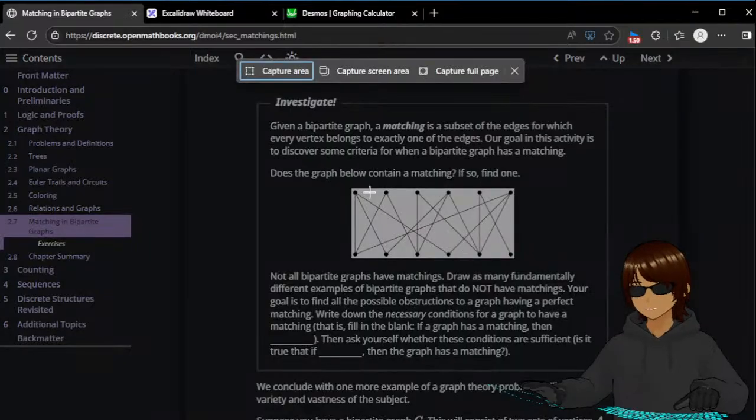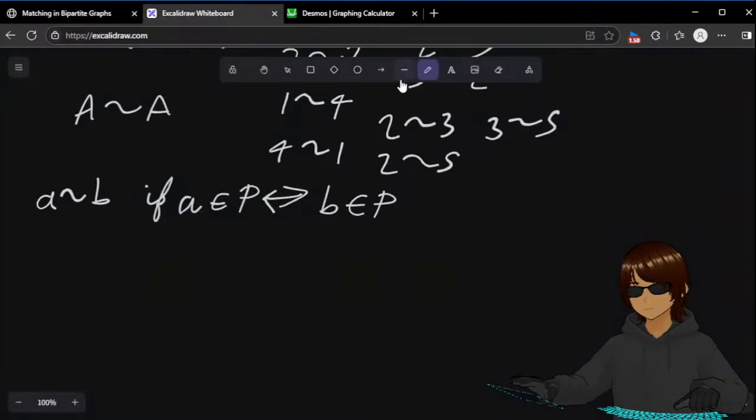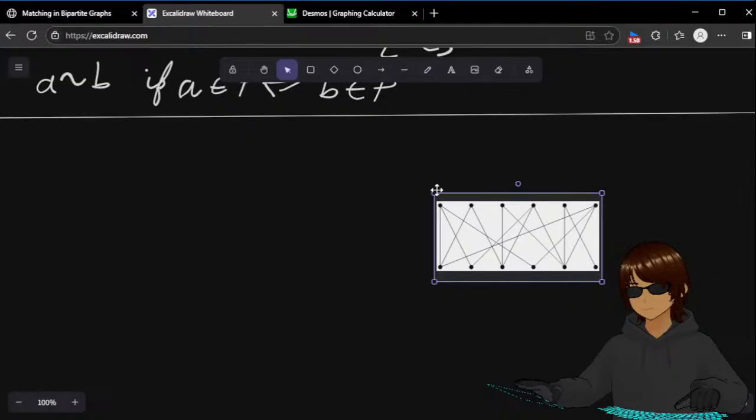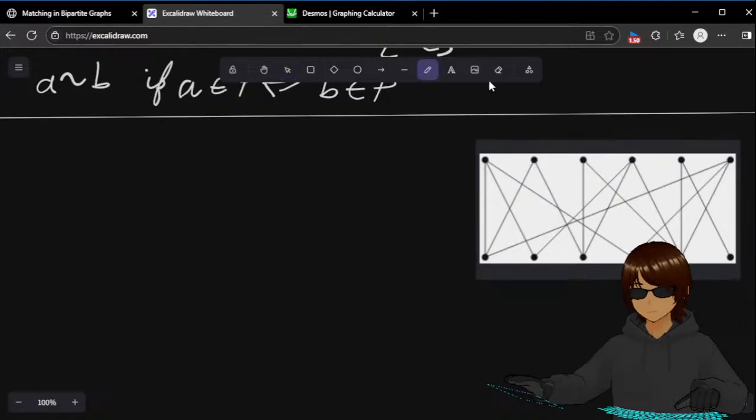Can I? Yeah, let's just copy this. I'll just redraw it just in case. So we have this: 1, 2, 3, 4, 5, 6. 2, 3, 4, 5, 6. 2, 3, 4, 5.